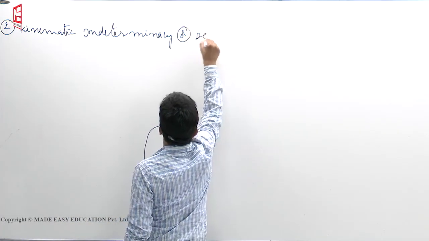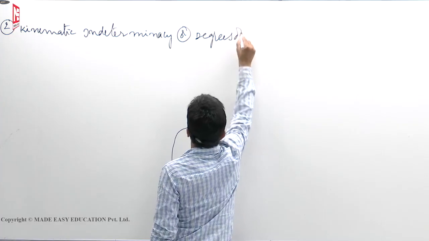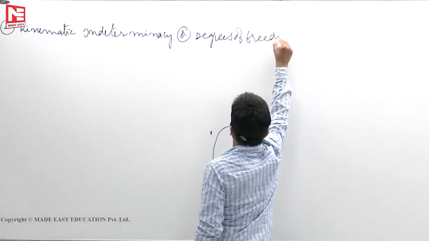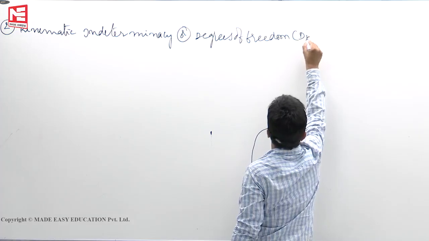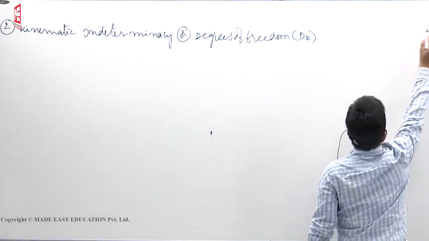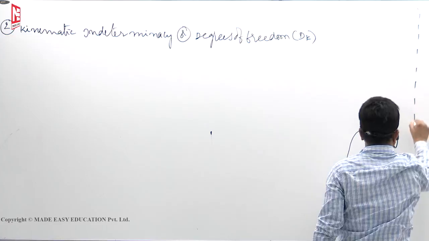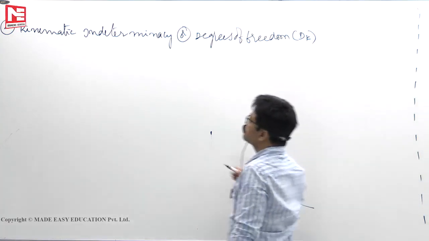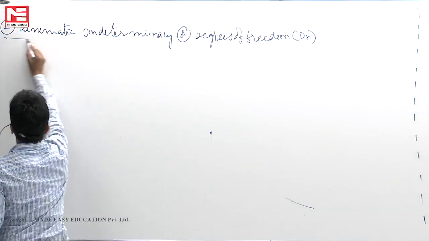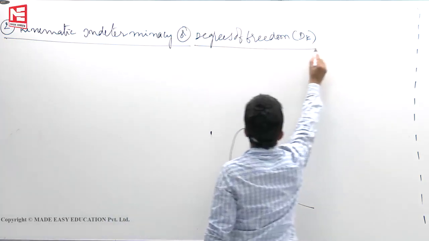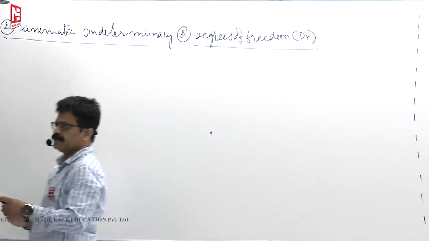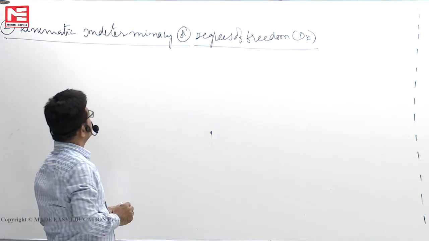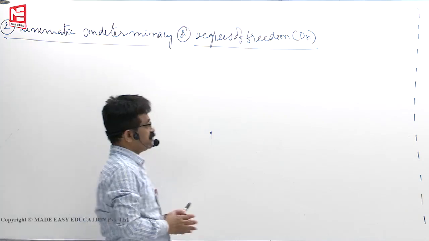Kinematic indeterminacy or degrees of freedom, dk, both mean the same. Now, what is this kinematic indeterminacy or degrees of freedom?